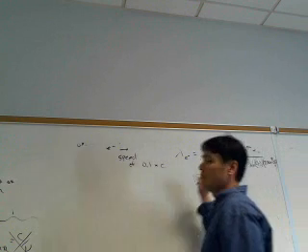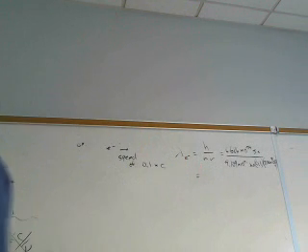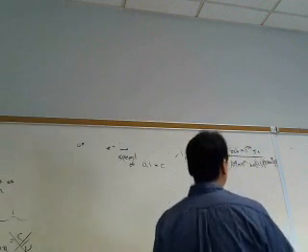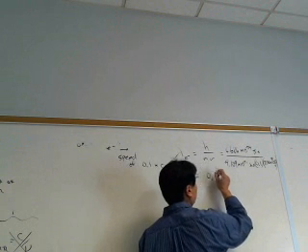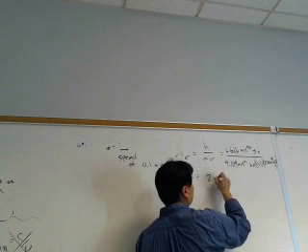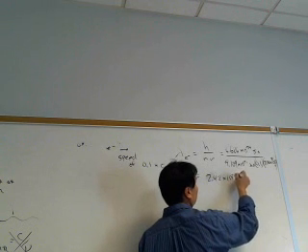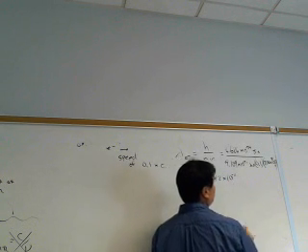What is the wavelength of the electron? 2.42 times 10 to the negative 11. So what are the units here?